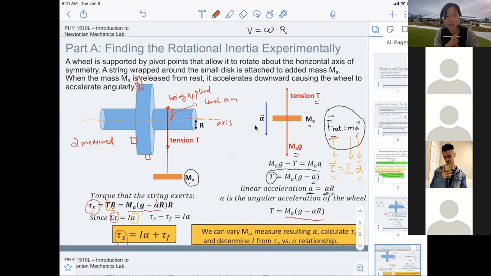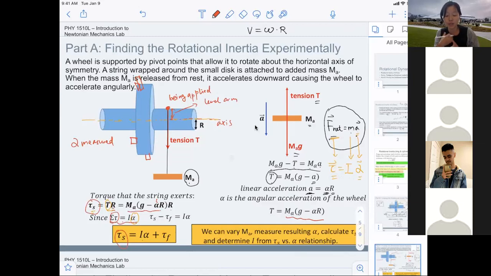And if you plot y versus x using all the torque data and all the alpha data, you should get a linear relationship, because Newton's second law for rotation says torque is proportional to alpha, torque is I alpha. So the slope of the graph that you get will be your rotational inertia measured using your experiment.